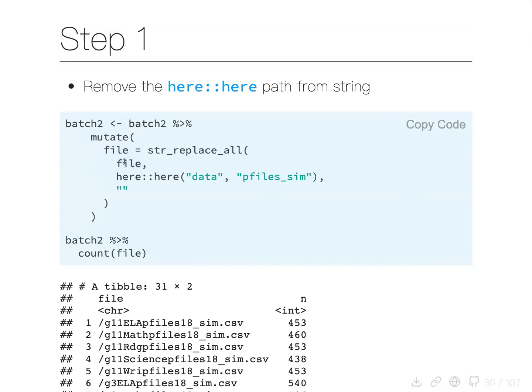But I'm going to basically go through file, and I'm going to say here data p file sim. So find that pattern and replace it with nothing. Okay. And now if I say count file, I get something that looks like this, right? So you can see the first file was grade 11, English language arts, p files for 17-18.